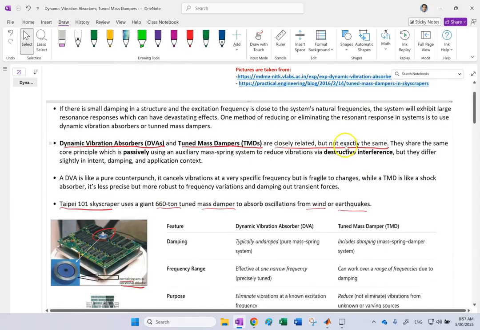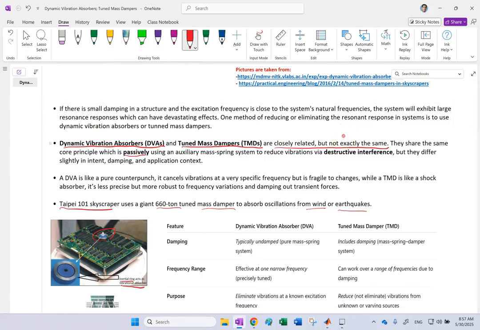The core principle for both of them is the same thing. First of all, they are passive methods. So you add what we call a mass spring damper or mass spring system to the original one, and that is a passive system, so you don't change any of their properties.